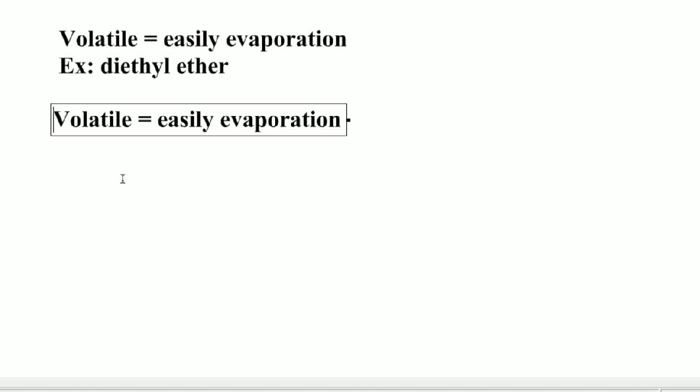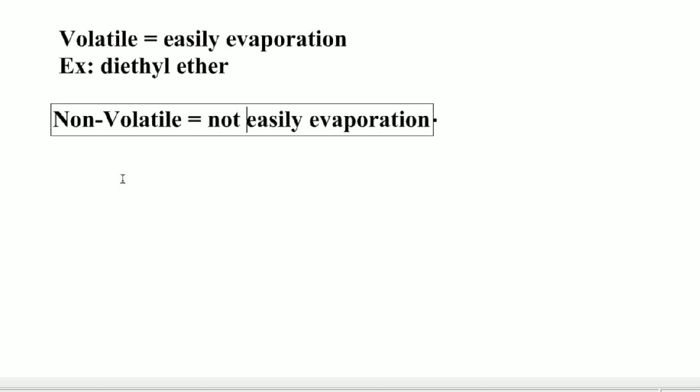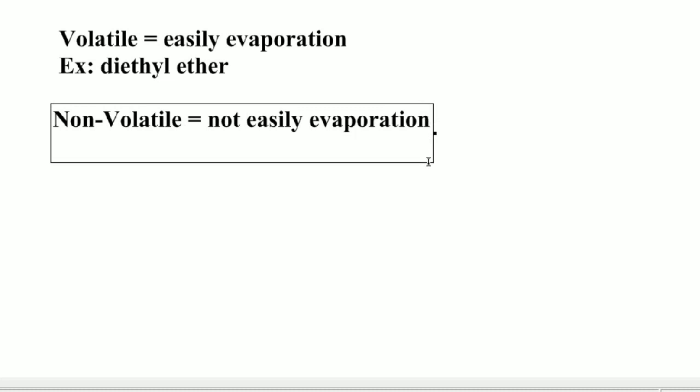Hence non-volatile means not easily evaporated at normal or room temperature. Examples of non-volatile substances are glucose, urea, and sugar.